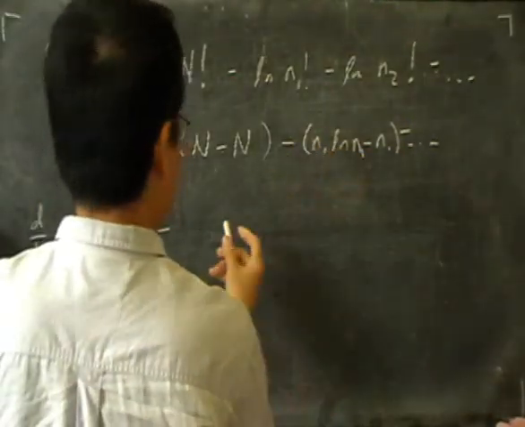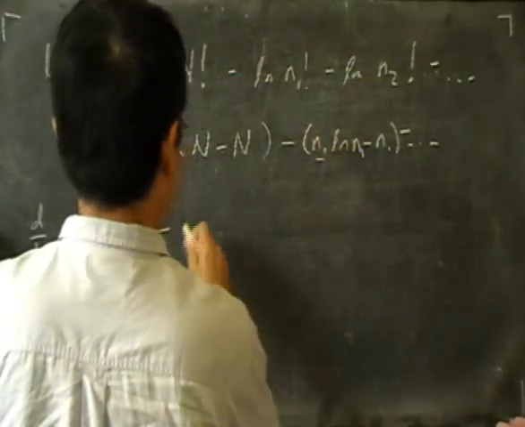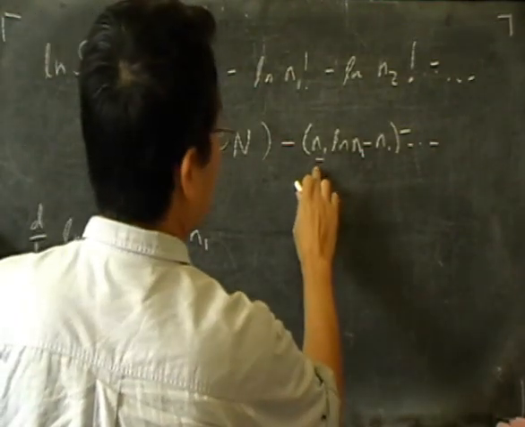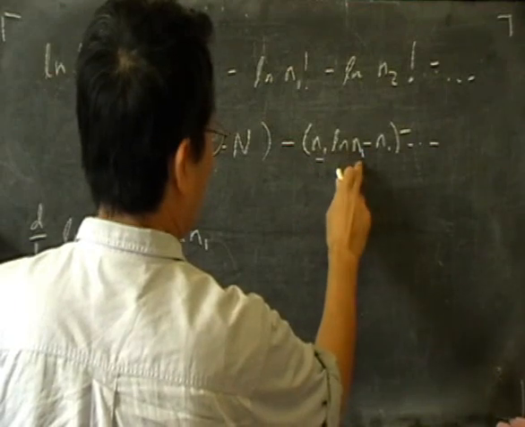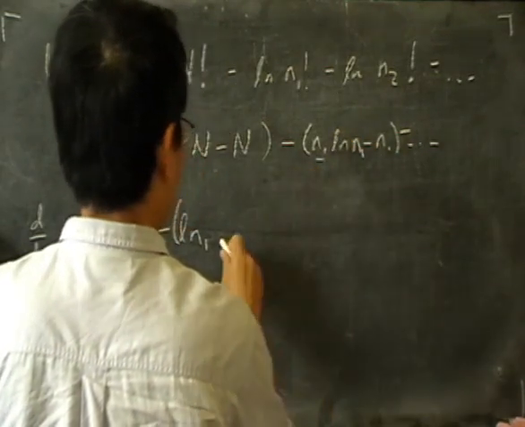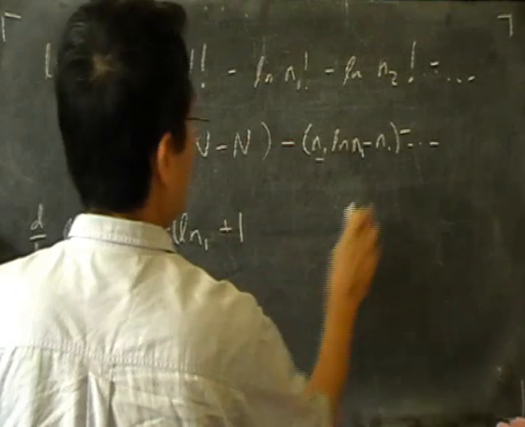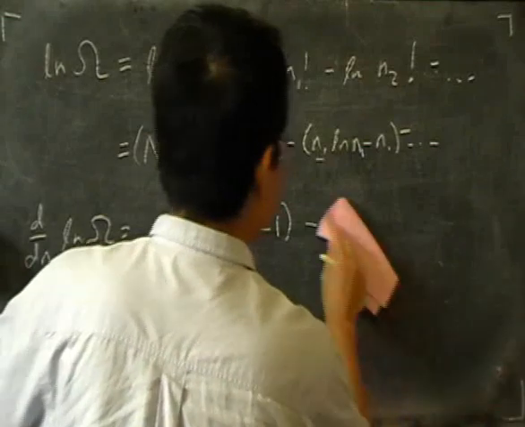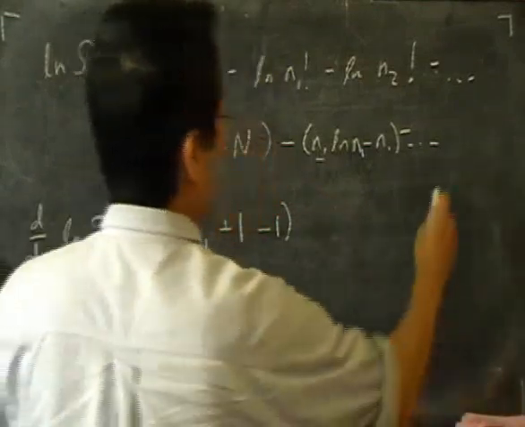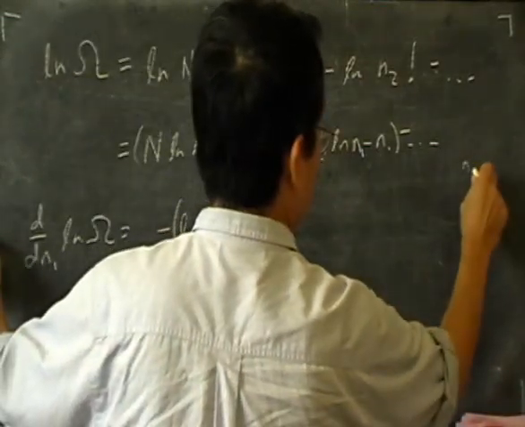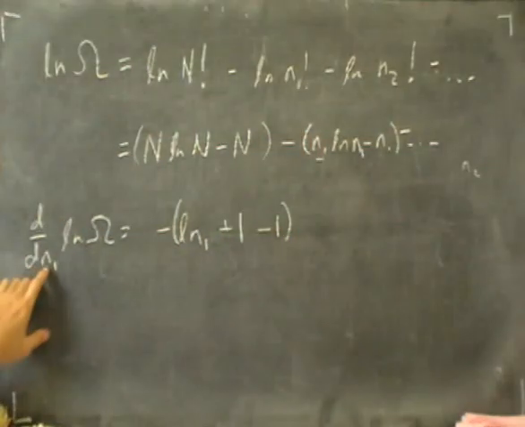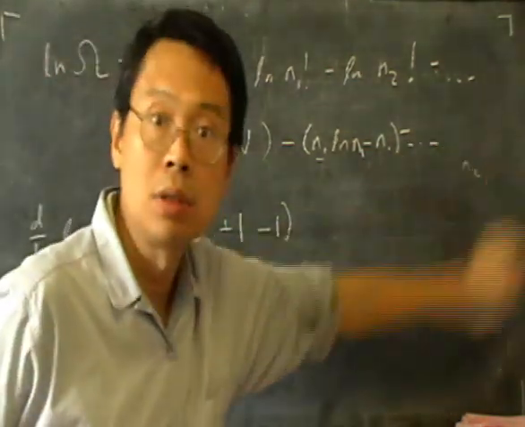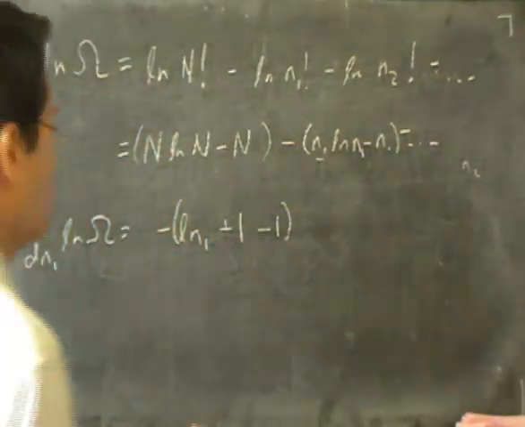If I differentiate that, starting from the n1 here, I get log n1. Then if I differentiate log n1, I get 1 over n1 times n1, which gives a 1. Differentiating minus n1 gives a minus 1. Nothing else remains because the next terms involve n2. Since I am differentiating with respect to n1, all the other terms become 0.